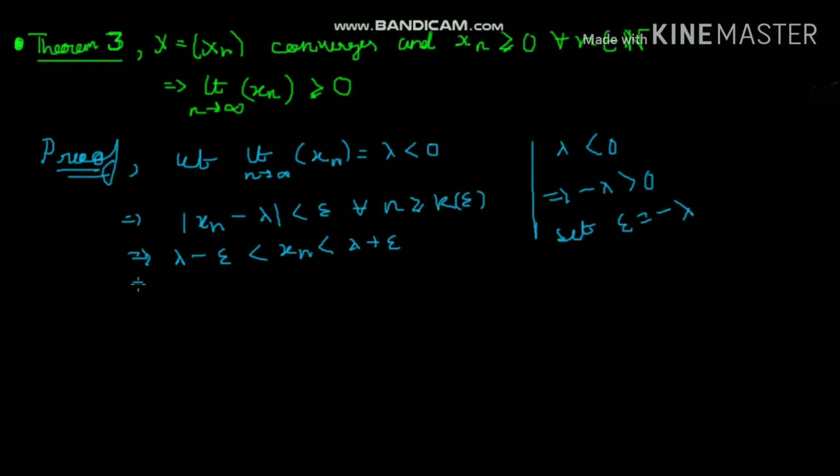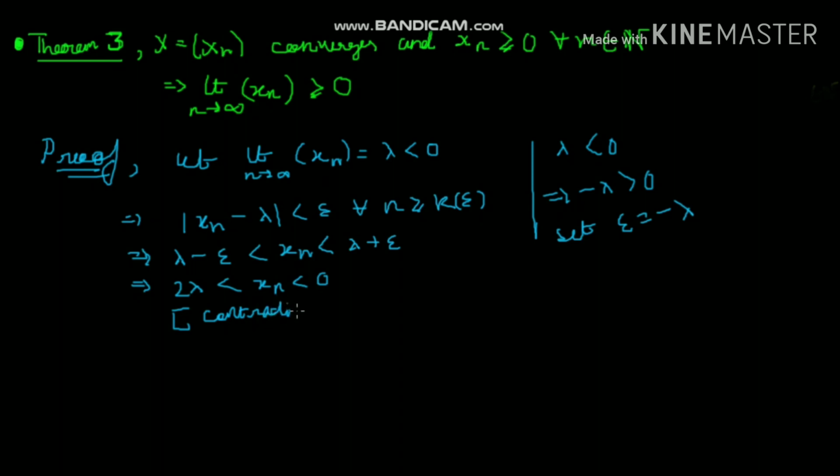If we do so, we get that twice lambda is less than x of n, which is further less than 0.